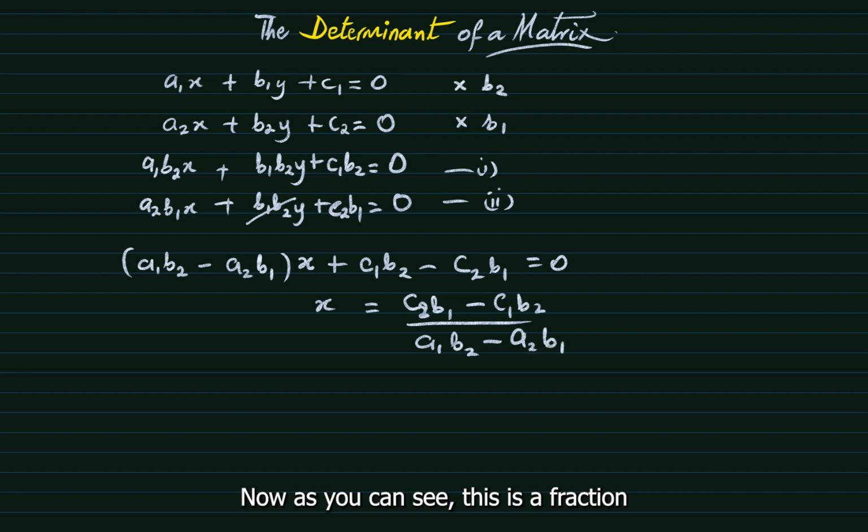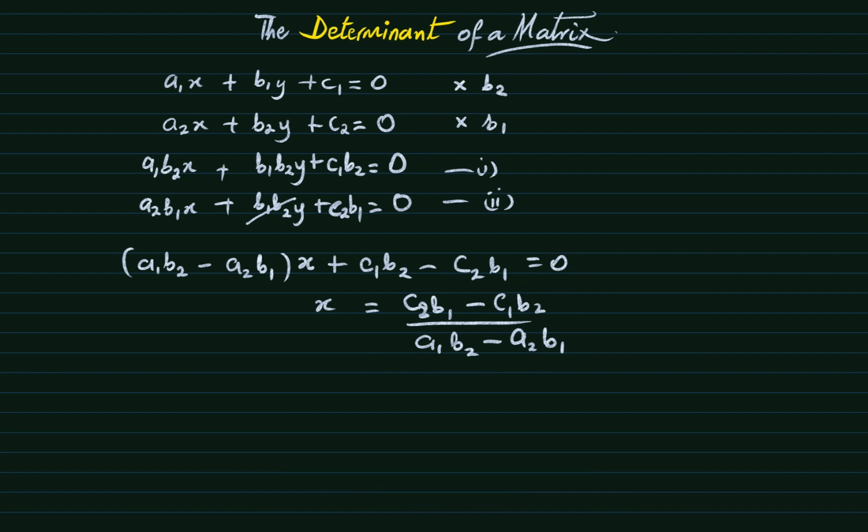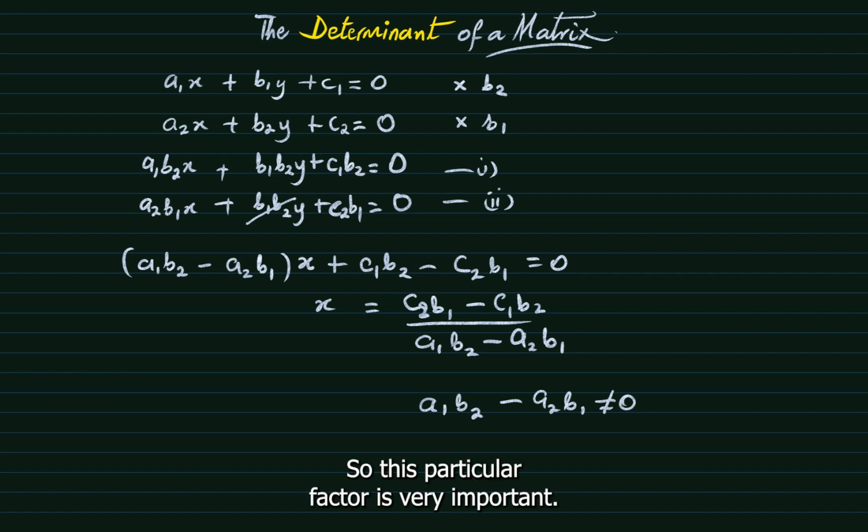Okay, now as you can see, this is a fraction, and the value of this fraction will only exist if a1 b2 minus a2 b1 is not equal to 0. So this particular factor is very important.